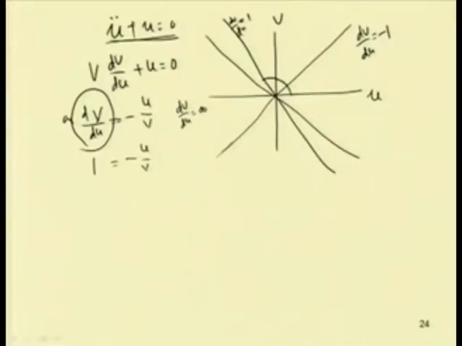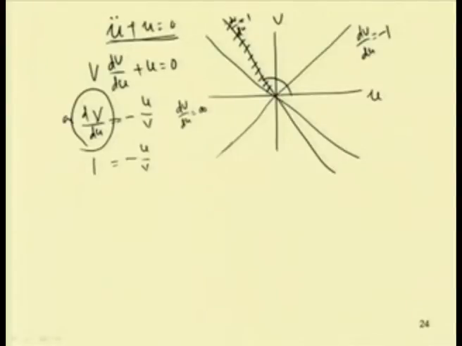Now, one can draw several lines. On this curve, draw several equispaced lines with slope dv by du equal to 1. By drawing several lines with slope equal to 1, the slope will make 45 degrees with the u axis.